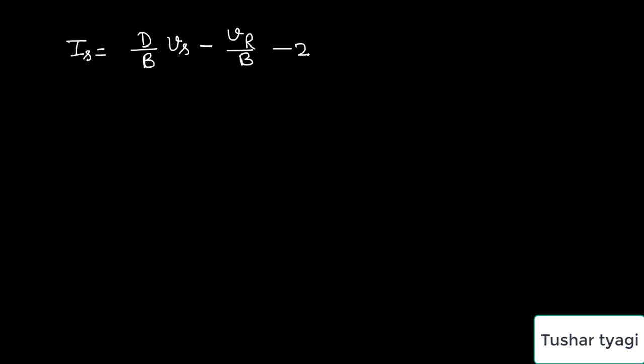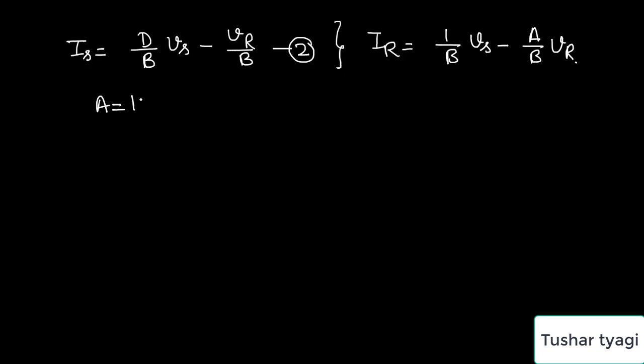This is my equation. Let us take again our equation 1: IR is equal to 1 upon B Vs minus A upon B VR. Now let us assume the ABCD parameters have the following values. A is equal to mode of A angle, let's say alpha. B is equal to mode of B angle, let's say beta.